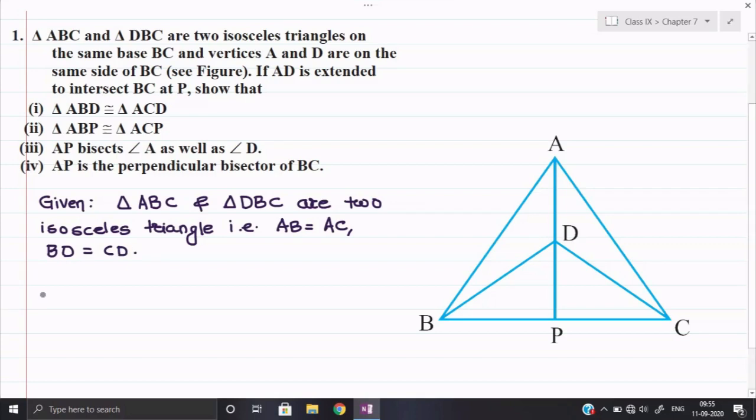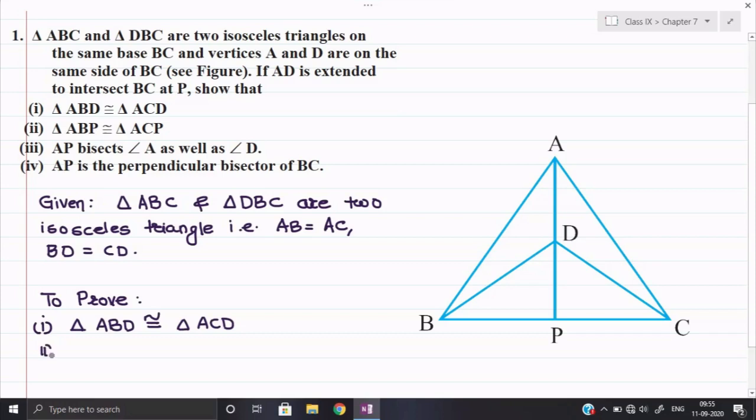Now we need to write down what to prove. What do we need to prove here? First part: triangle ABD and triangle ACD are congruent. So triangle ABD is congruent to triangle ACD.